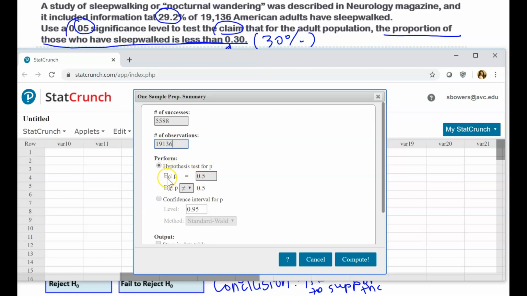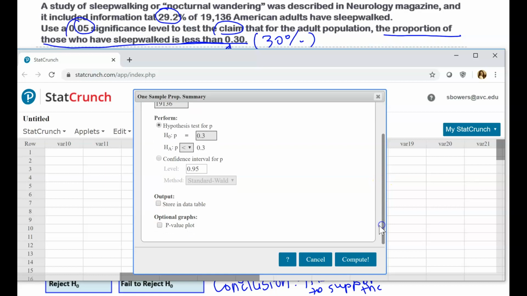Hypothesis test for P. Null hypothesis, P equals 0.3. Alternative hypothesis is P less than 0.3. Don't worry about these steps.